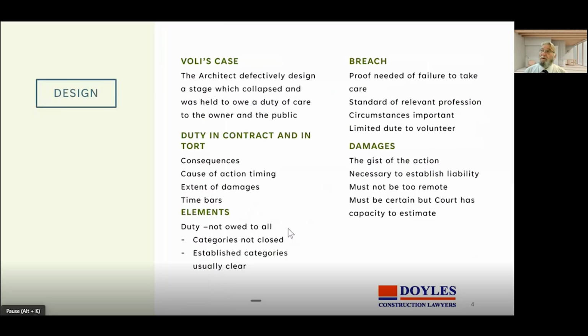What was a significant case then is accepted as fairly basic and run-of-the-mill now. In that case, what was important was that he held himself out as a specialist, and he took on the responsibility of designing the stage, and those are the factors that caused the court to impose liability on him for the damage that was caused to the owner and to the public.